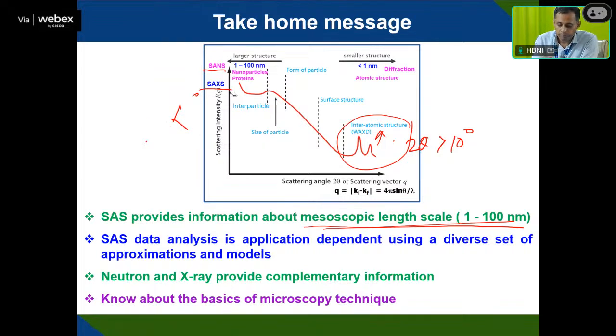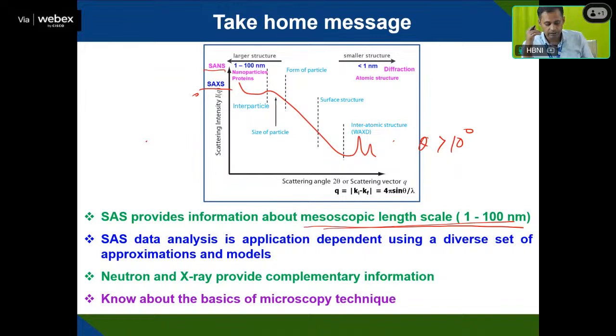By going to small 2 theta values, you can see the structure at the mesoscopic length scale of the particle. That means you can see the structure of nanoparticles, proteins, the size of the protein, size of nanoparticle, as well as different surfactants, how the vesicles and micelles form.